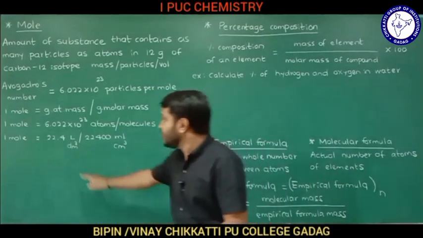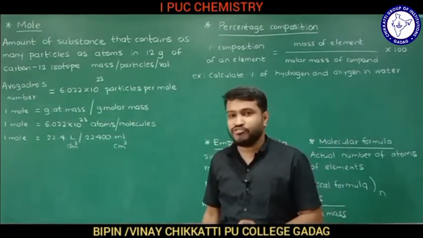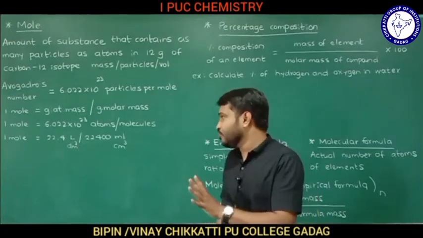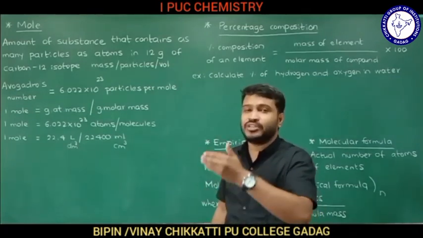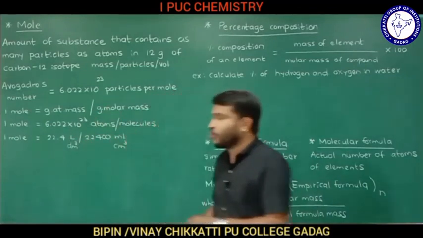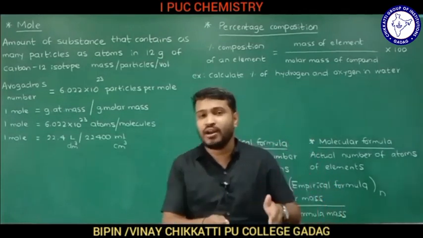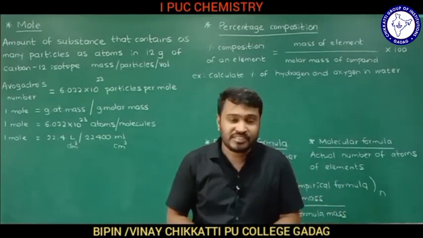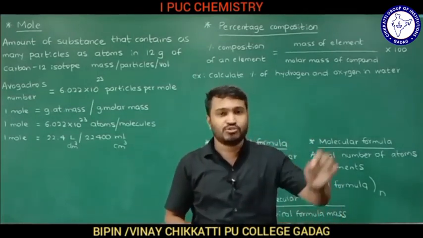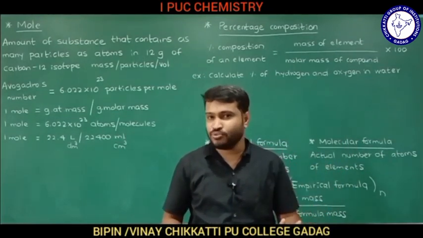So 22.4 liters is 22,400 milliliters or cm cube, and that depends on the given problem, whether we have liters or milliliters. So this is how we calculate the amount of matter present in a substance in terms of moles, in terms of mass, particles, and volume.